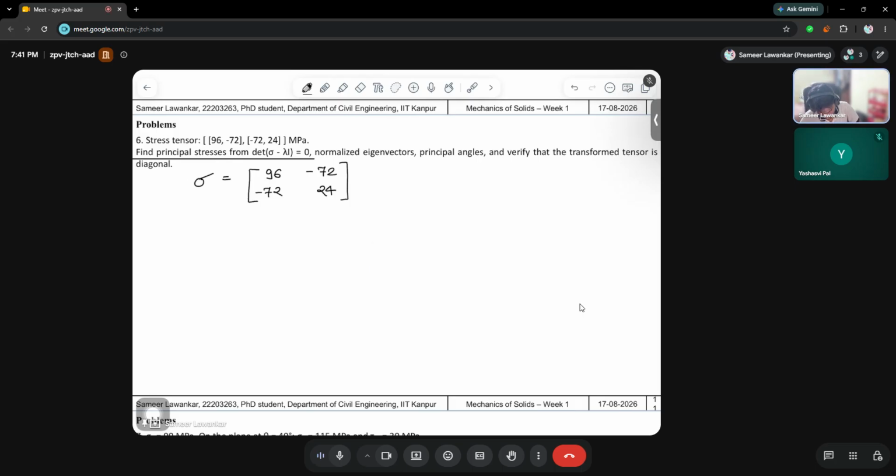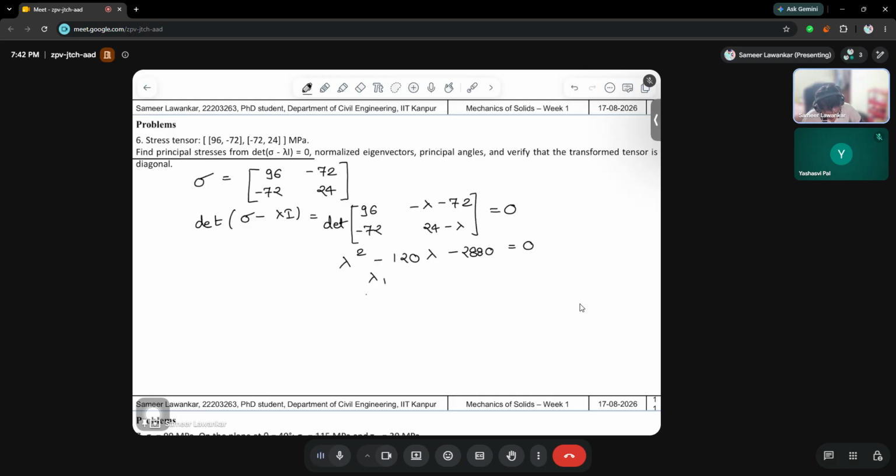Okay, so when you do the determinant of sigma minus lambda I for this, you will get 96 minus lambda, minus 72, minus 72, 24 minus lambda, determinant of this equal to 0. Now when you solve this, you will get a characteristic equation of lambda square minus 120 lambda minus 2880 equal to 0.